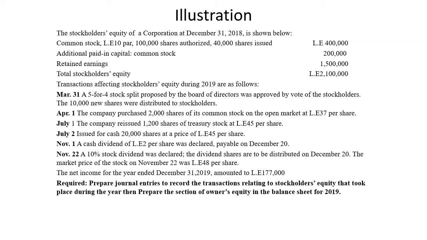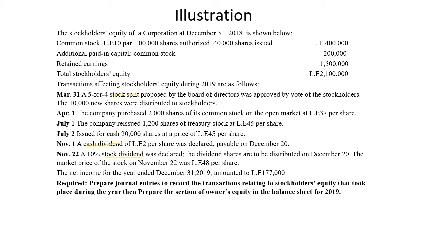For example, it has a stock split, and it also has dividends, cash dividends and stock dividends. You should study the part on stock split and the difference between cash dividends and stock dividends before starting this illustration.